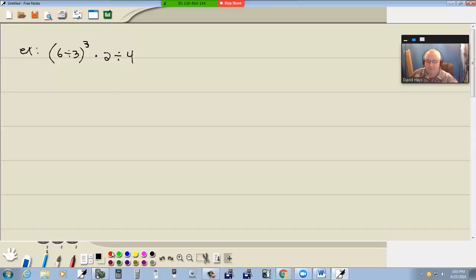Please do what's inside parentheses. Here's 6 divided by 3. That's going to give us 2. So we've got 2 to the third times 2 divided by 4.